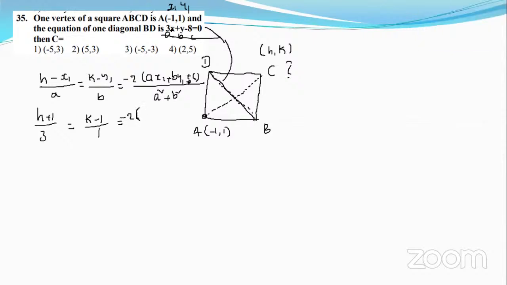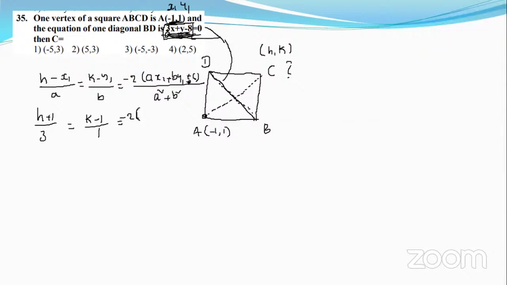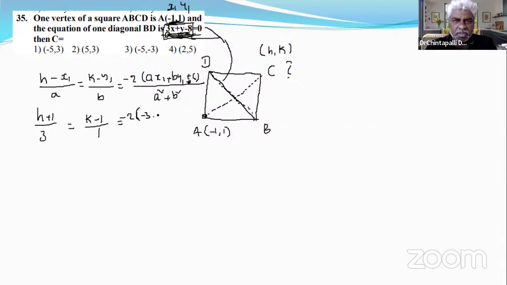Just plug in the value in the left hand side: 3 times negative 1 is negative 3, plus 1, plus negative 8, by a square plus b square.